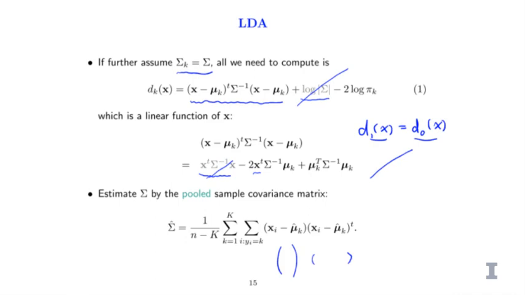In the discriminant function, what's relevant is sigma inverse. So what if sigma is not invertible? The rank of sigma is at most n minus k. For example, let's consider the digit example. You can find the data from the R code page.